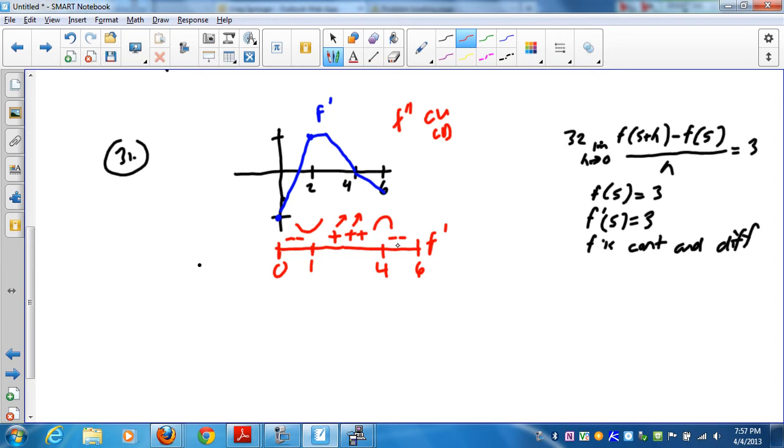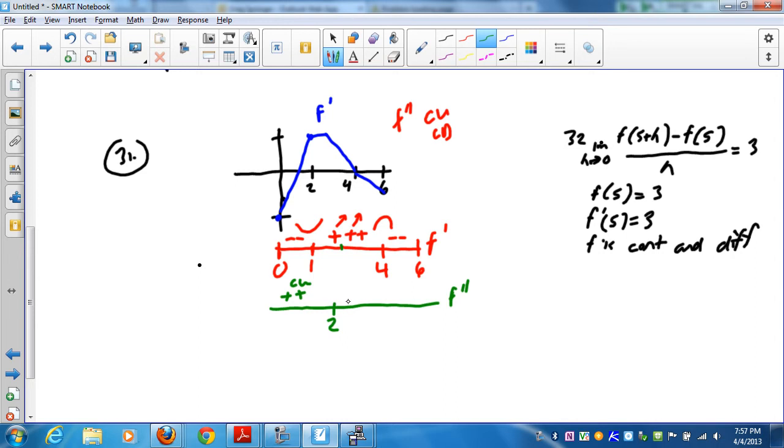So let's see. What about the concavity of this thing? In case we need it. It's nice to have it. So the slope of this first derivative gives us the second derivative, right? So from 0 all the way up to 2, so right about there, from 0 to 2, this thing is positive, so it's concave up.